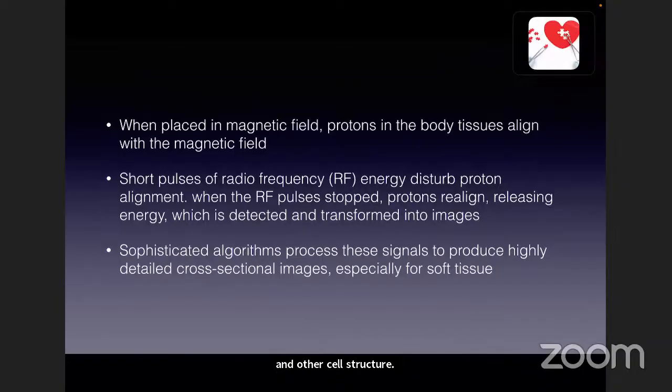When placed in a magnetic field, protons in the body tissue align to the magnetic field. Short pulses of radio frequency energy disrupt proton alignment. When the radio frequency pulses stop, protons realign, releasing energy which is detected and transformed into images. Sophisticated algorithms process these signals to produce highly detailed cross-sectional images, especially for soft tissue.